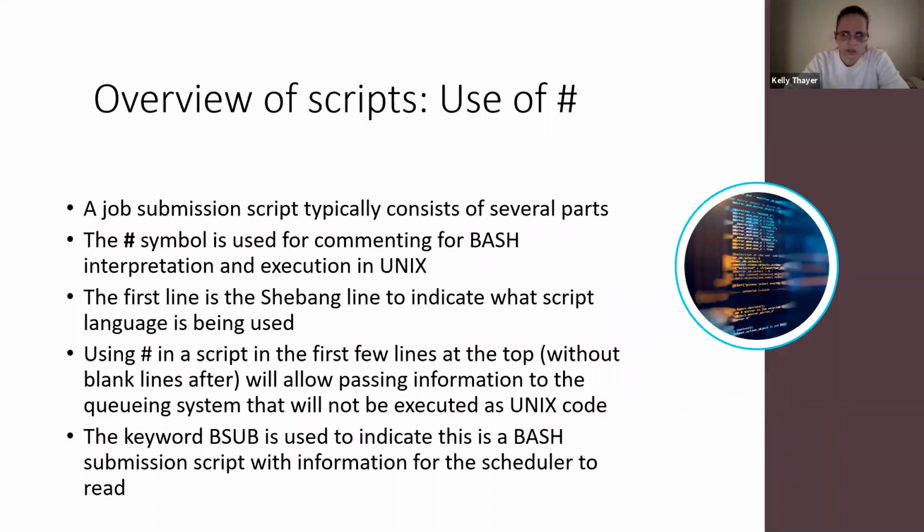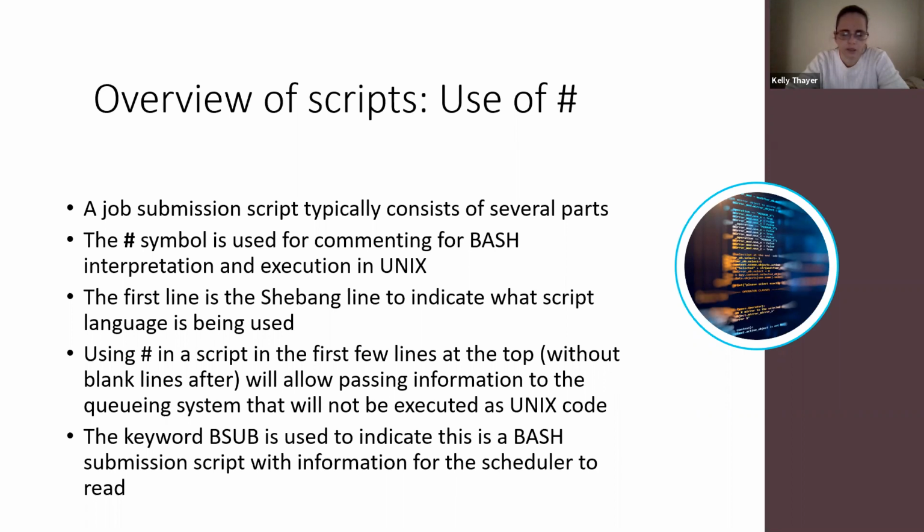So just to get started in the scripts, we need to talk about the use of pound. The pound is in fact used for comment in general in the bash script. And the job submission scripts are going to make use of that in a special way. They're going to use the pound in order to indicate some information about the parts of the script that are not to be interpreted as bash. They're going to use the pound symbol in order to indicate the bsub lines.